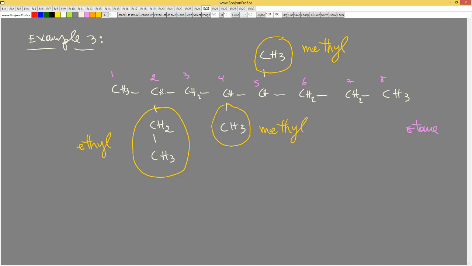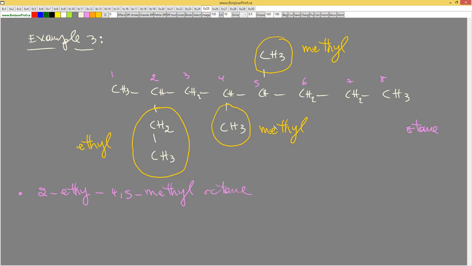But this ethyl is in the position 2, so the name will be 2-ethyl. And now I'm going to go to the methyls. I have one methyl in the position 4 and another one in position 5. So I'm going to 4,5-methyl, octane.